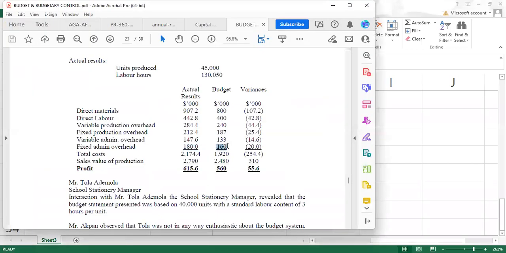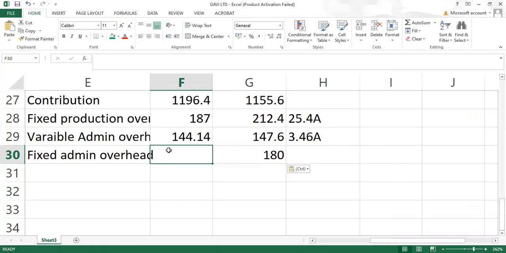Fixed admin is fixed. All fixed costs are not flexed. We assume that they don't change with units or labor. No matter the activity level, they will still be the same. So we stick to the 160. Are you okay? So we still take the 160.